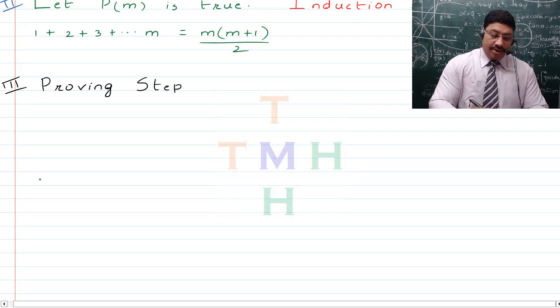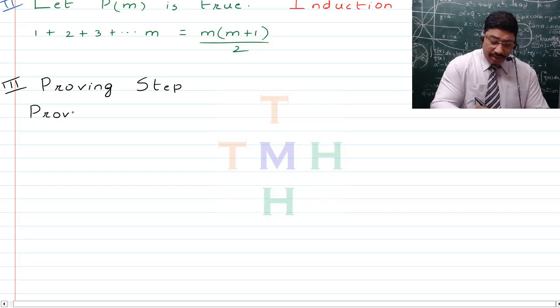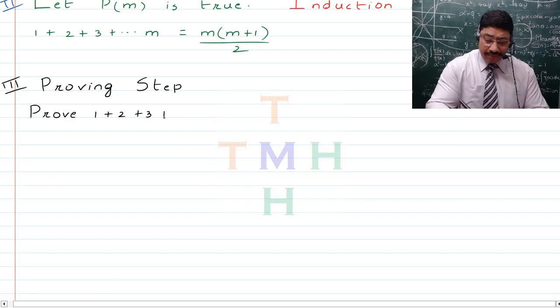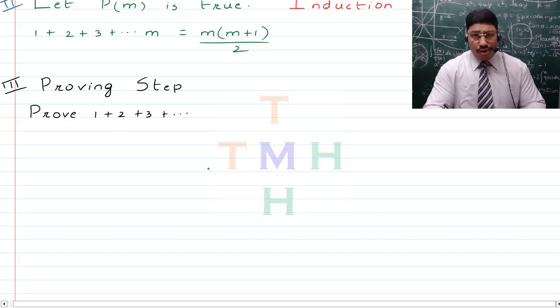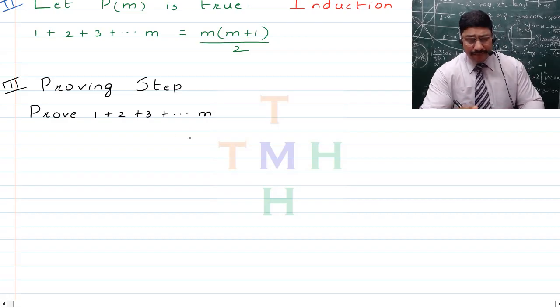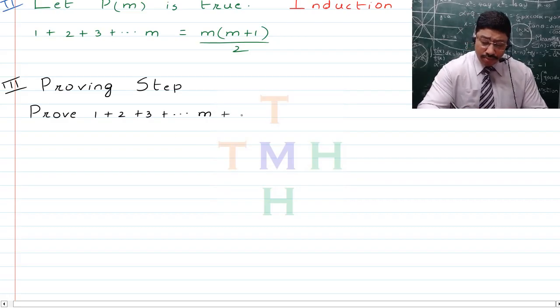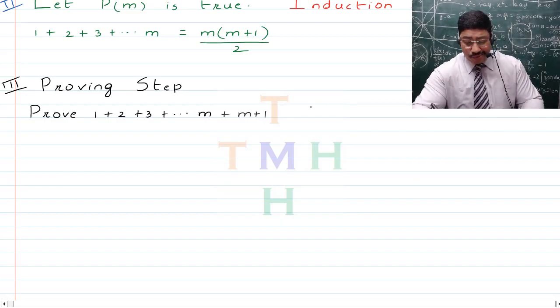Okay, now in the proving step, children, we have to prove that 1 plus 2 plus 3 and all of this goes on up to the mth term that we just looked at, and to that we are going to add one more term, that is m plus 1, right? And now on the right hand side, in place of m we will be keeping m plus 1.